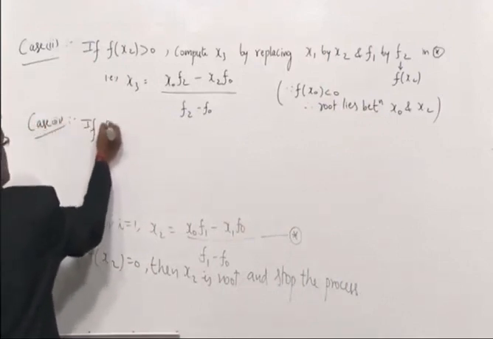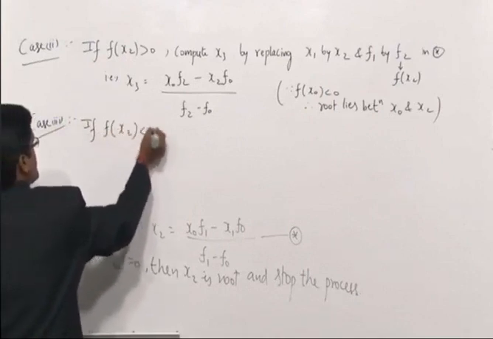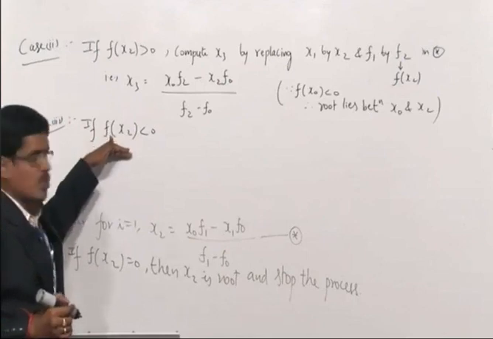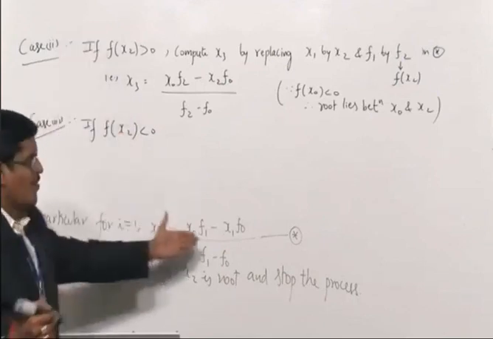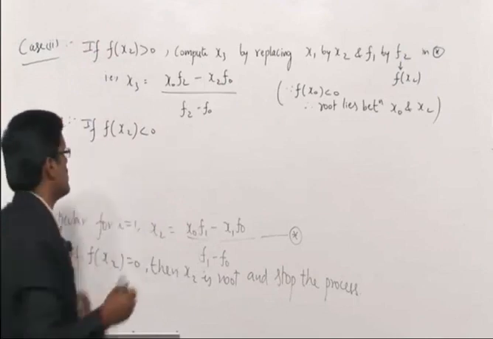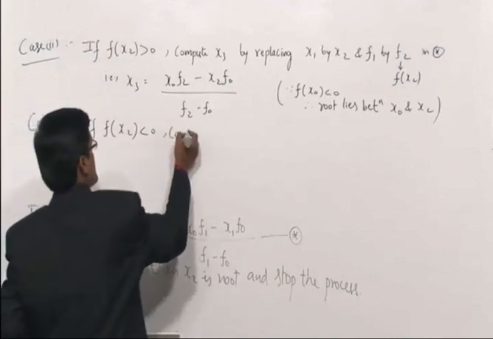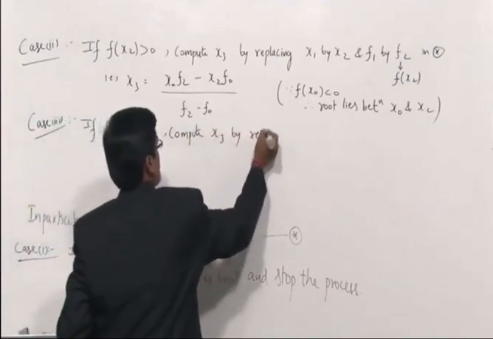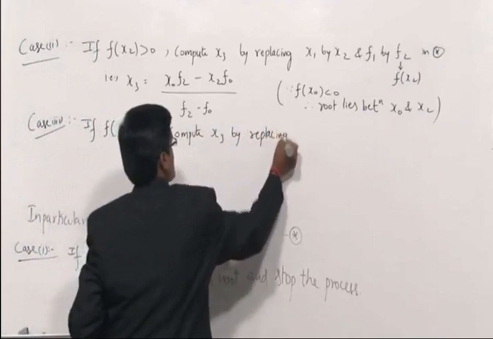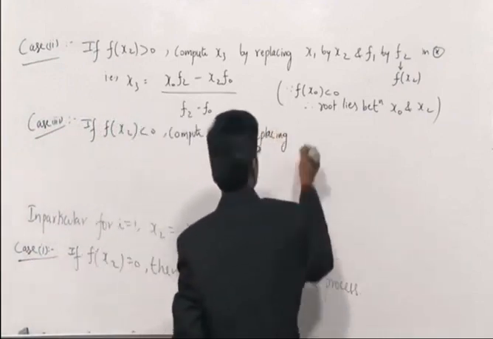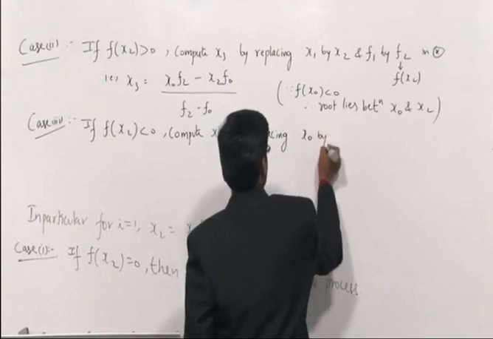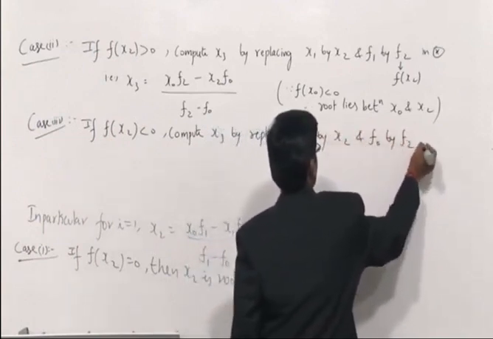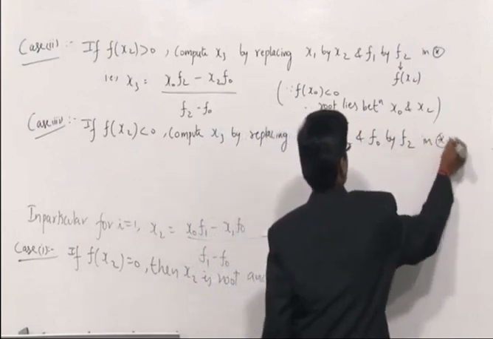If f(x2) is less than 0, so that means in this case you find a function value greater than 0. Which of the previous is greater than 0? f(x1) greater than 0. That means the root lies between x1 and x2, compute x3 by replacing x0 by x2 and f0 by f2 in star.